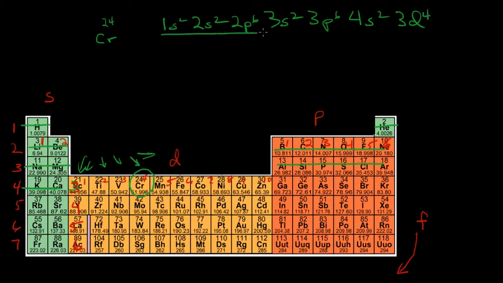So this would be the full electron configuration for chromium. And I think you can see how much easier that can be instead of looking at the chart and drawing the diagonal lines. Here you just look at the periodic table. You can easily tell what section is S, what section is P, what section is D. You can count off the numbers to the place you want to get to.